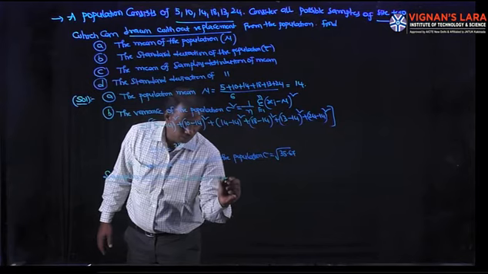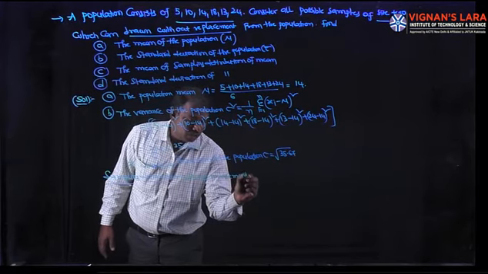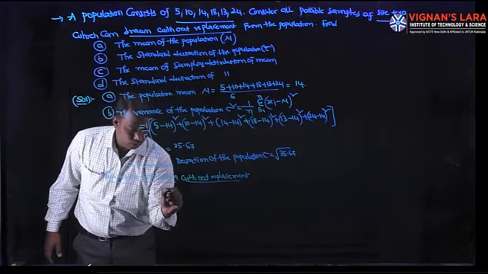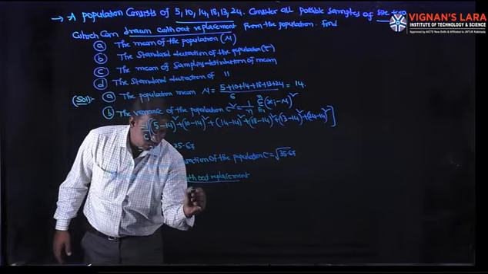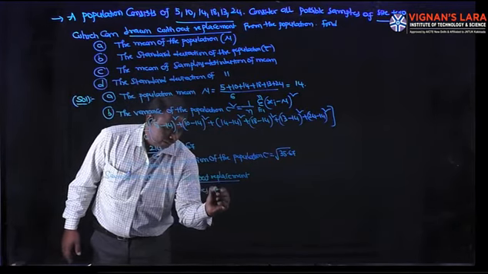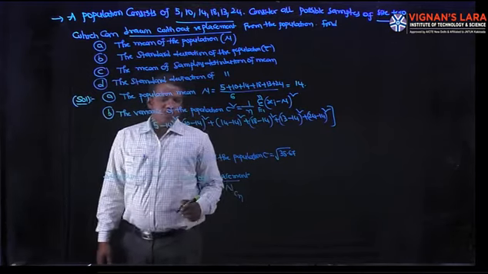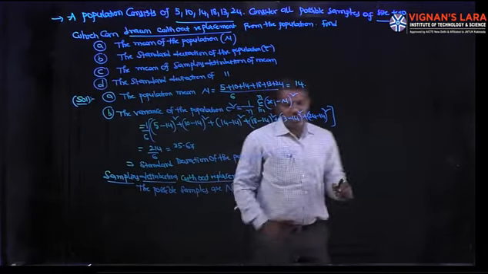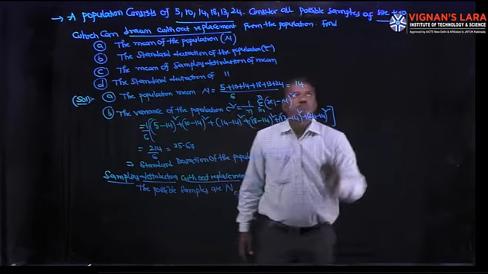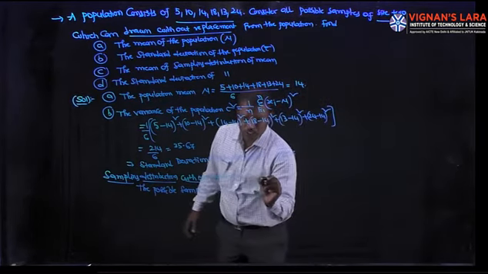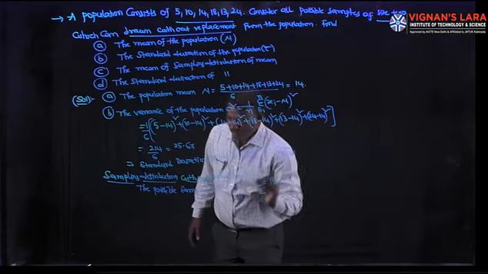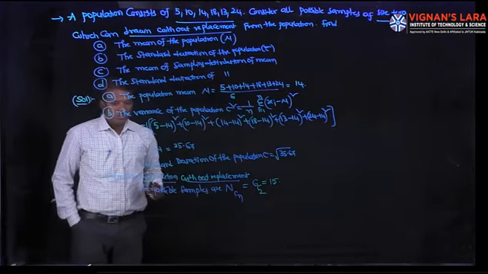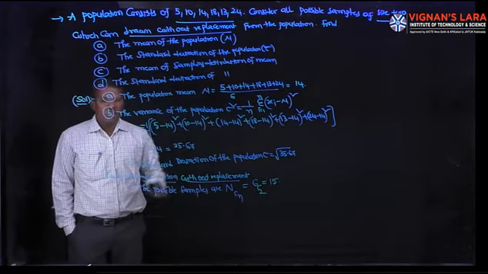In this one, the possible samples are NCn without replacement. What is N here? The number of elements in the population, 6. What about small n? The sample size is 2. So 6C2, which means 15 samples. So what are the 15 samples? 6C2 is 6 into 5 by 1 into 2, that is 30 by 2, equal to 15.